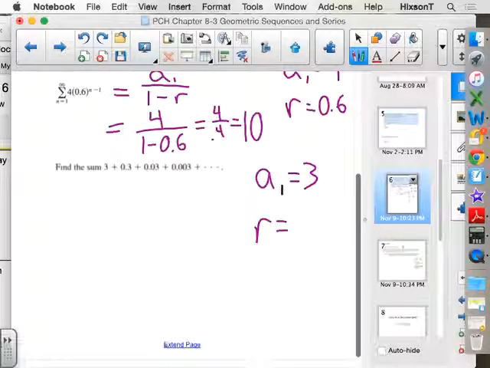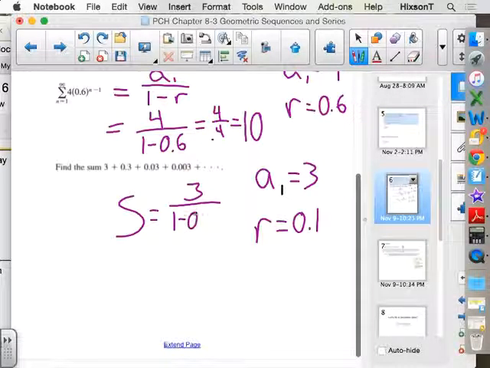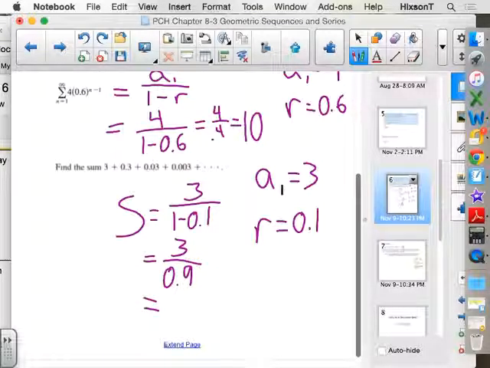We're dividing by 10 every time, or multiplying by 1/10. So the entire sum would equal 3 over 1 minus 0.1. That's 3 over 0.9, which ends up equaling 10 thirds, or 3 1/3.